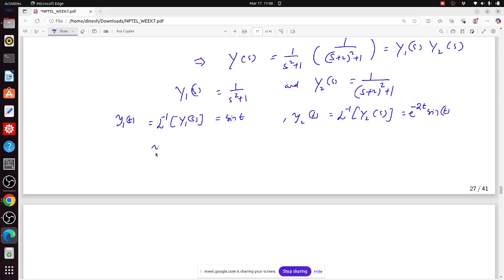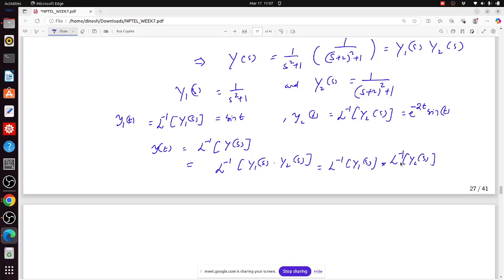So here y(t) is the inverse Laplace transform of Y(s), which is the inverse Laplace transform of Y1(s) times Y2(s), which is equal to the convolution of y1(t) and y2(t).